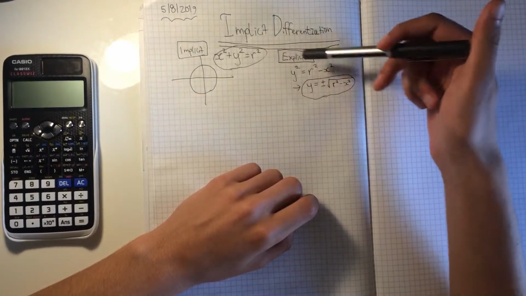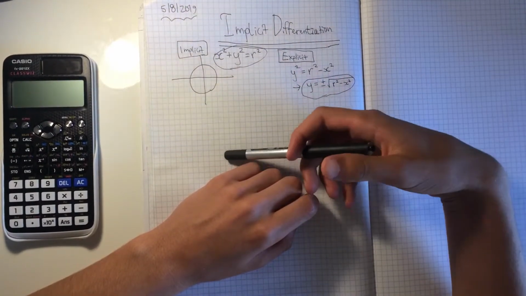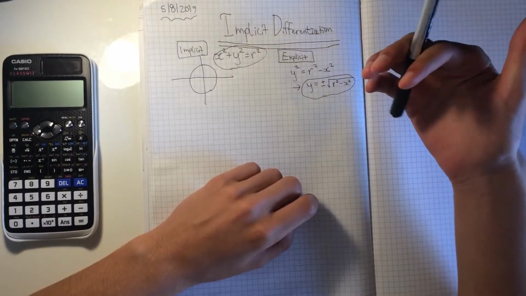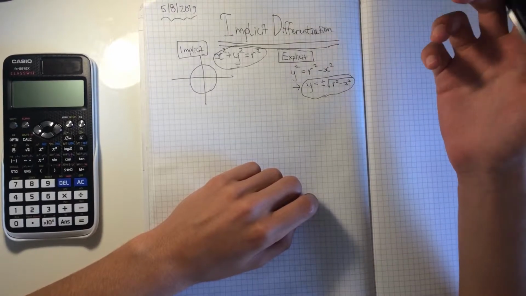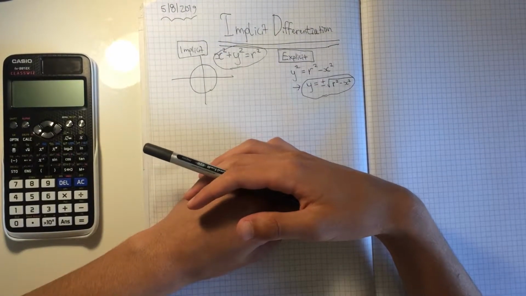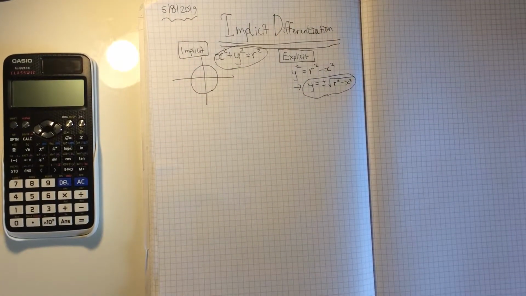First I want to discuss what an implicit function and an explicit function are. An explicit function is a function where if you know x, you can compute y easily. For example, y equals x squared means that if we know x, we can just square it and then we have y. But an implicit function is one where you can't calculate y using x.